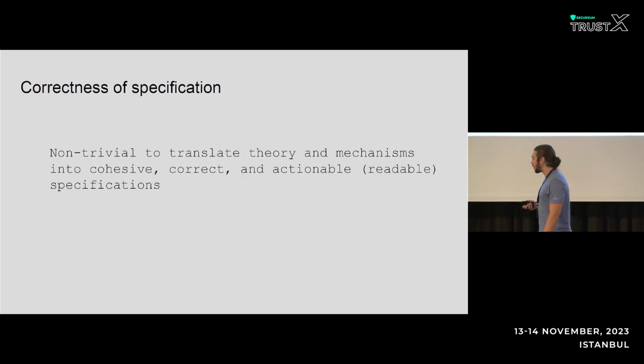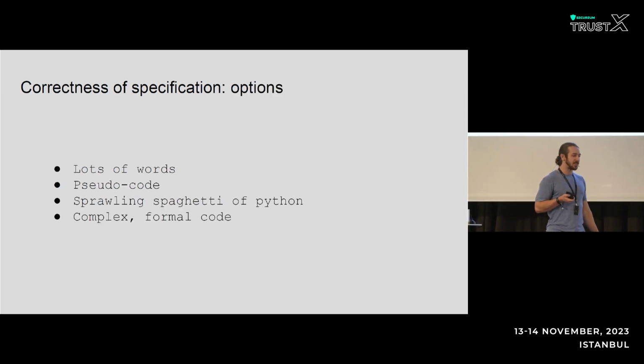Next up is you have the mechanisms, you have these pieces going to fit together, you have to write a specification. Turns out this is non-trivial, to translate theory and mechanisms into a cohesive, correct, and actionable specification. There's a number of ways to do this if you ever read a specification. First, you can just have lots of words.